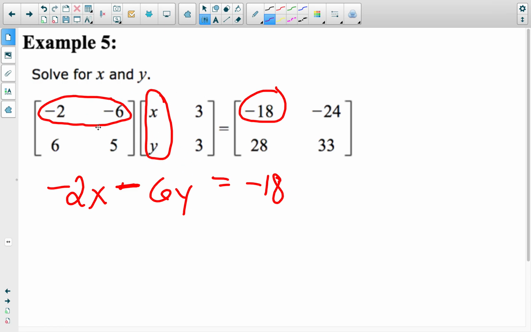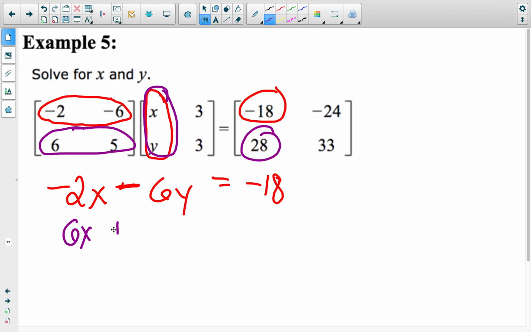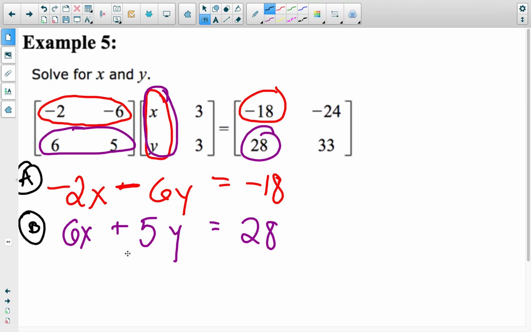So instead of doing -2 and -6 times this second column, I'm going to jump down and take 6 times 5, multiply by x and y, and that gives me this bottom left number, 28. 6x plus 5y equals 28, and now we have a system of linear equations, so we're going to label them A and B, and we're going to solve them with elimination. From here you should feel pretty comfortable with this. Proceed at your own pace.